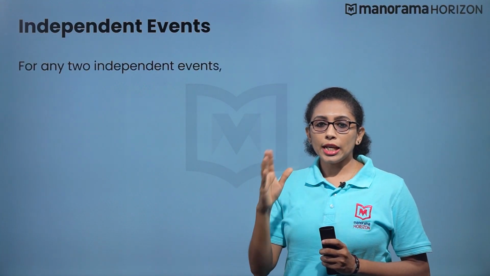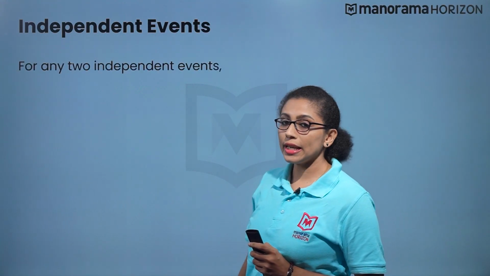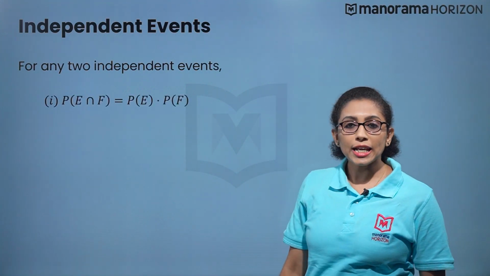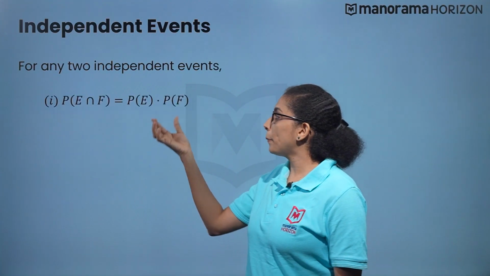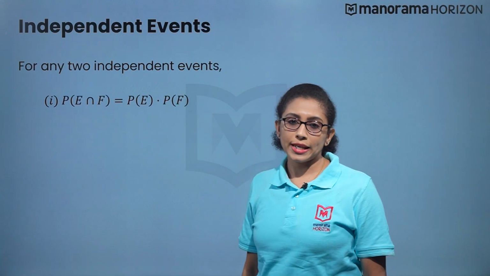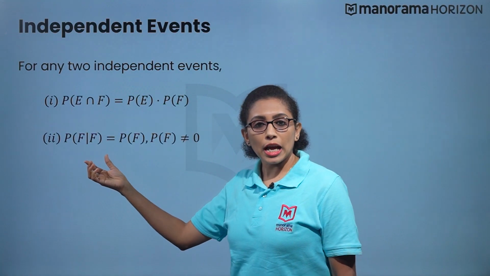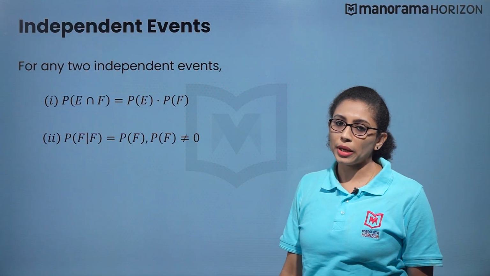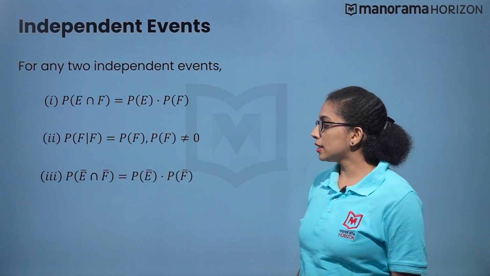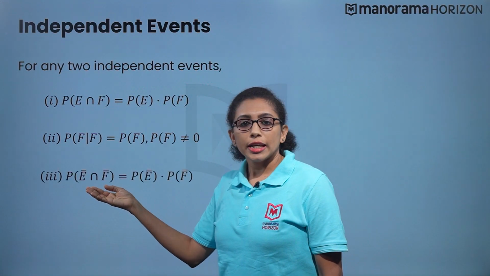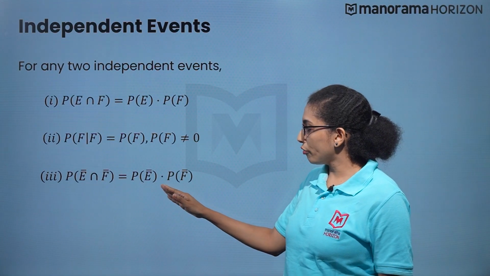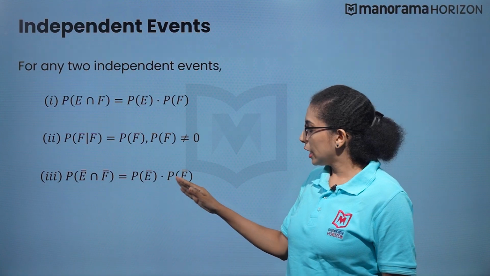So, for any two independent events E and F, we have the relation P of E intersection F is equal to P of E into P of F. P of E given F is equal to P of E, where P of F should not be equal to 0. And the third, P of E complement intersection F complement is given by P of E complement into P of F complement.